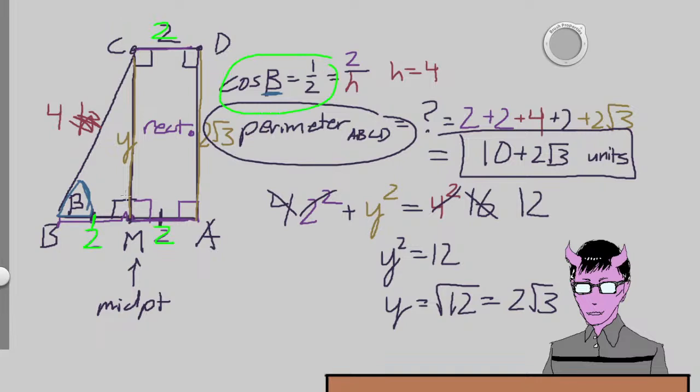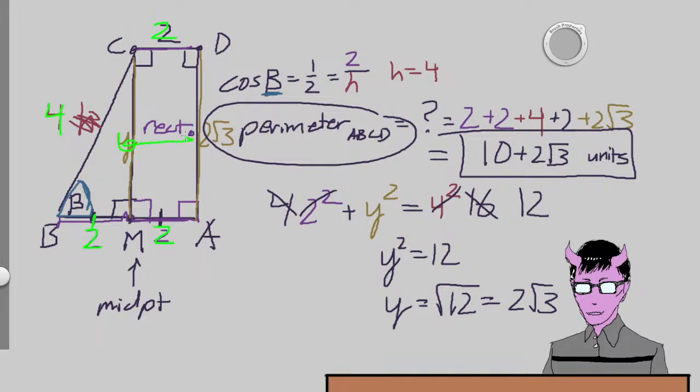Because we're given this ratio relating this adjacent to that hypotenuse of 1 to 2, then this one is half of the hypotenuse. So if you double this, you get the hypotenuse, which is 4. Once we figure out this is a 4 and we have this 2, we can use the Pythagorean identity, a squared plus b squared equals c squared, thereby allowing us to solve for y.